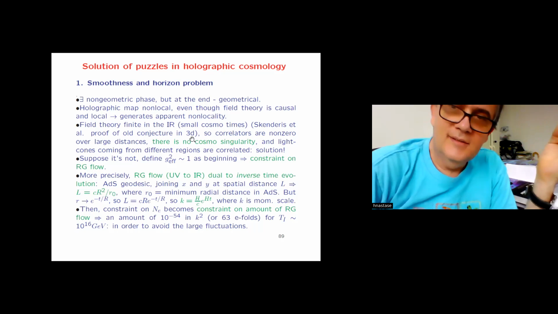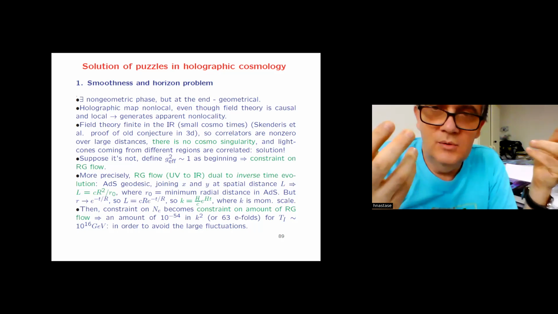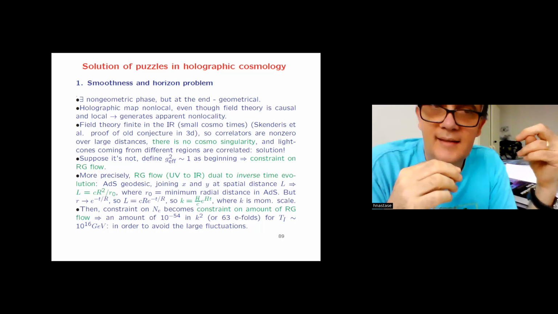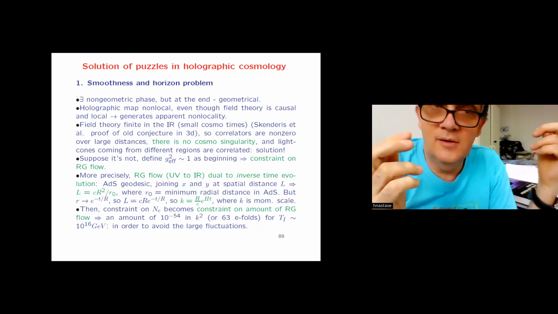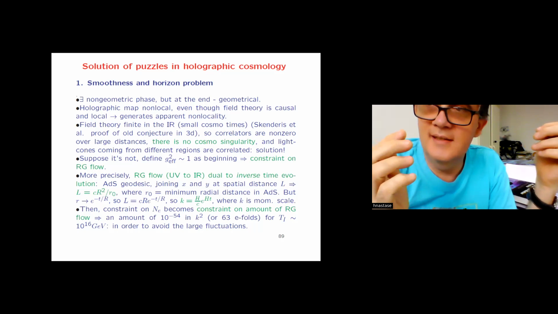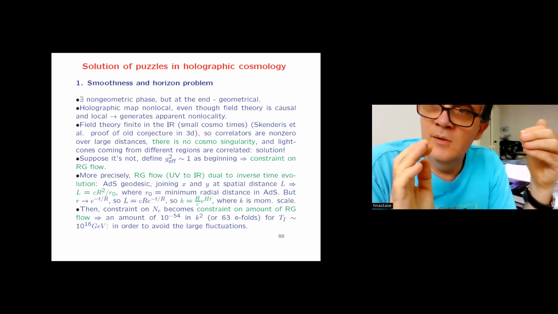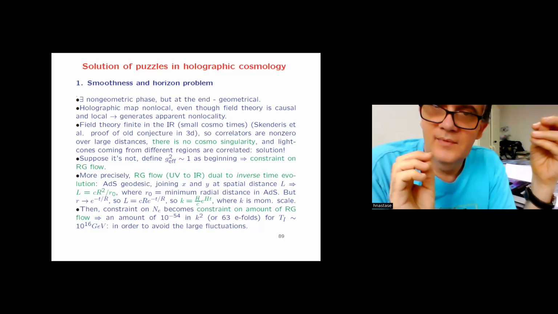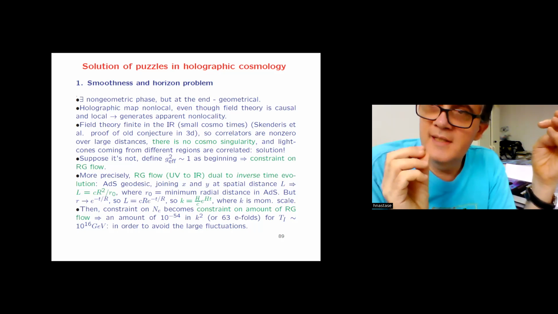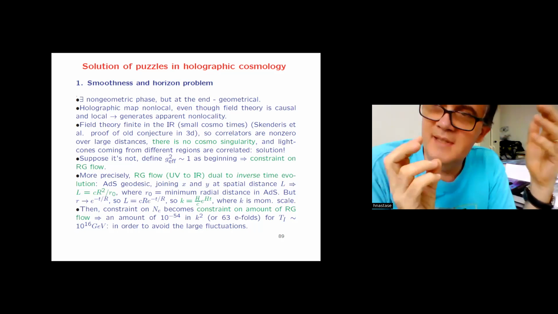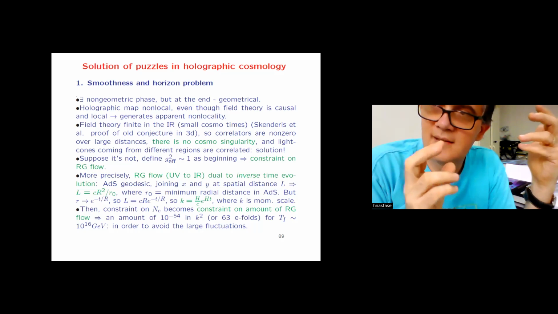That translates to the fact that correlators are non-zero over large distances. So that means that there is no cosmological singularity. A cosmological singularity would correspond in the field theory to a singularity in correlators, but there's no singularity in correlators.